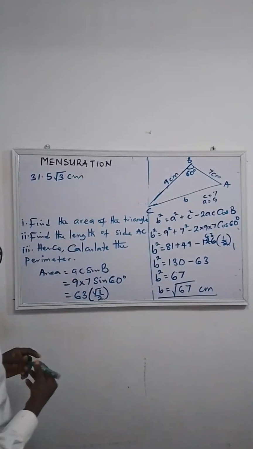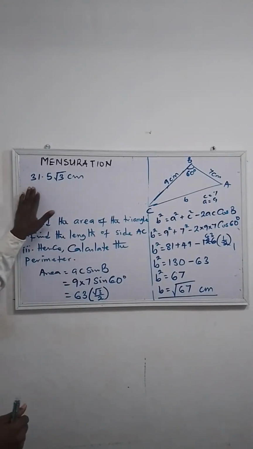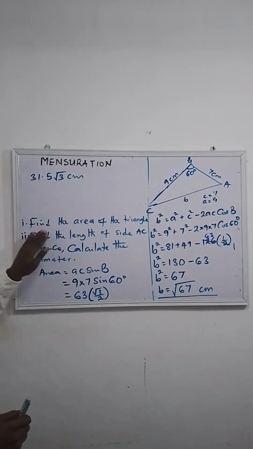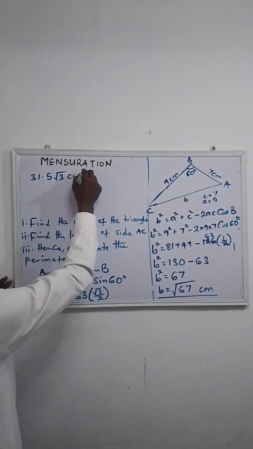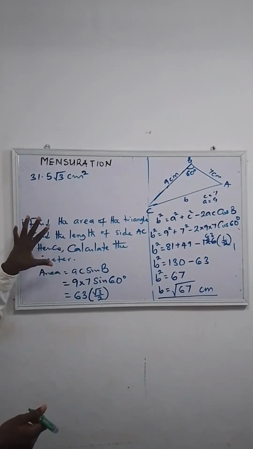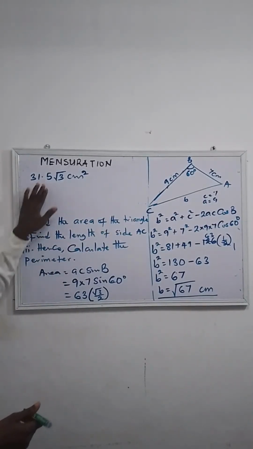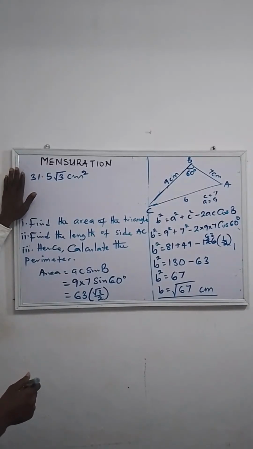So that's what you have. Okay, so this is going to be the area. This is the area of this triangle, the triangle we have here. So this is the first part of the question. So this is the answer to the first part.